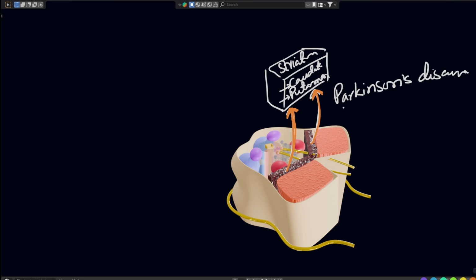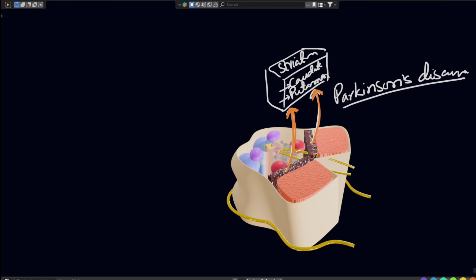It can also be artificially generated if we give dopamine antagonist drugs, which leads to Parkinson-like symptoms. So this is the important function of the substantia nigra, that it has an important role in initiating movement, and how exactly it does that is not the topic of today.